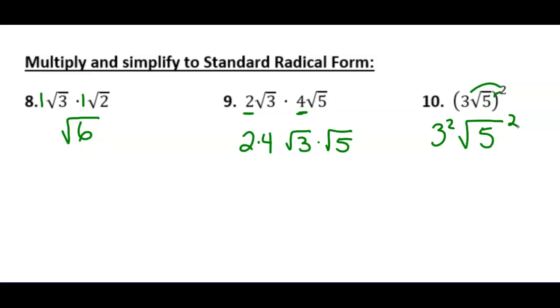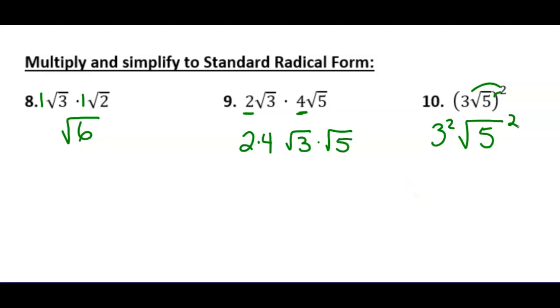We know that squaring something undoes our square root, right? Squaring something is the opposite of square rooting, and square rooting is the opposite of squaring. We did that in chapter 8 when we were doing our difference of squares.